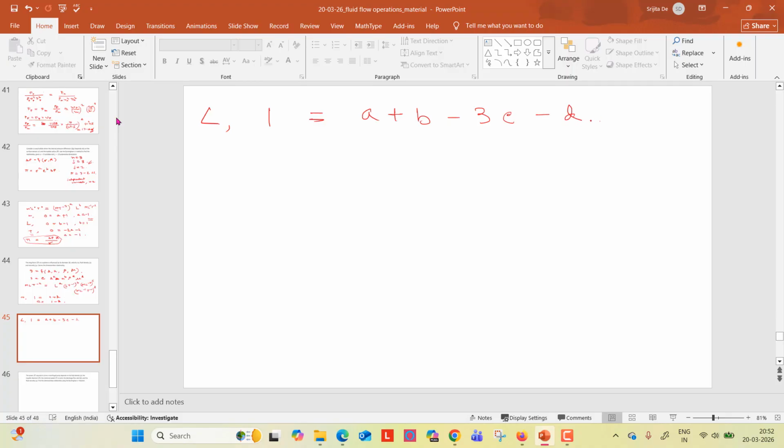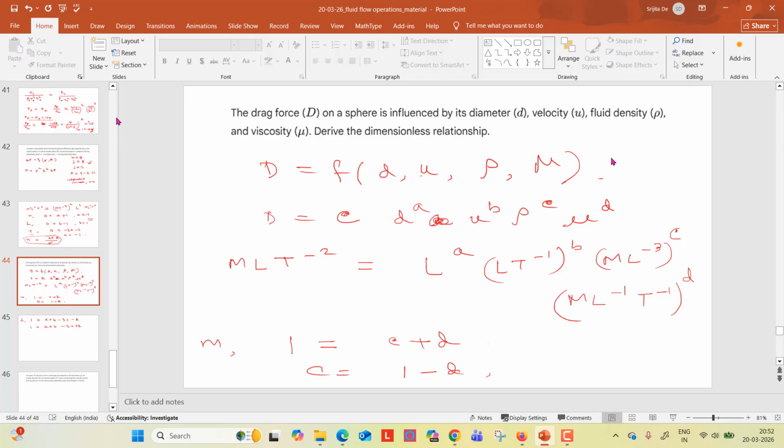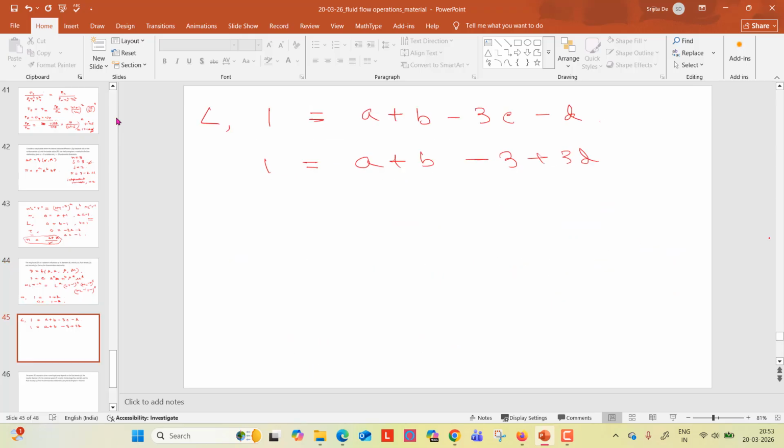The only thing we know is the value of C. So 1 will be A plus B minus 3 times C, where C we know is 1 minus D, like minus 3 plus 3D, right? So if you put minus 3 plus 3D minus D, it is 1 plus 3, that is 4, equals A plus B plus 2D, right?